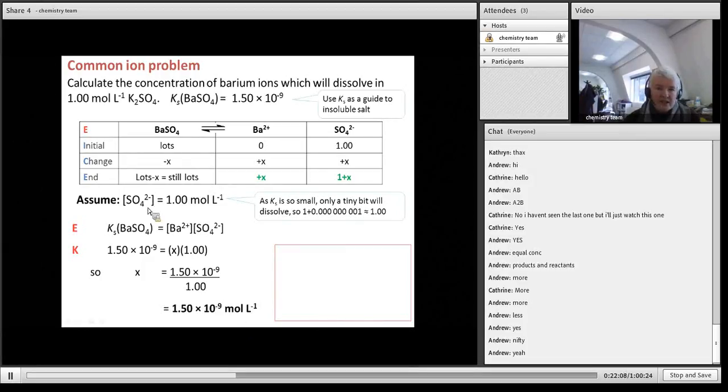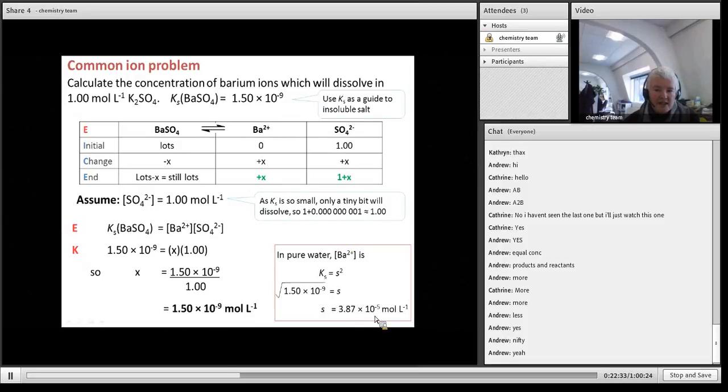That's a fairly straightforward one, as long as you've made the assumption. Now, if you want to see the difference between the effect of that sulfate and when it would be dissolved in pure water, you wouldn't have to do this calculation in an exam. This is just to show what happens. In pure water, we can use Ks is equal to S squared, so we can simply take the square root of the solubility product, and if we do that, it's 3.87 times 10 to the minus 5.